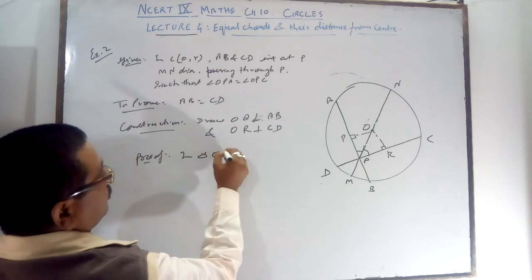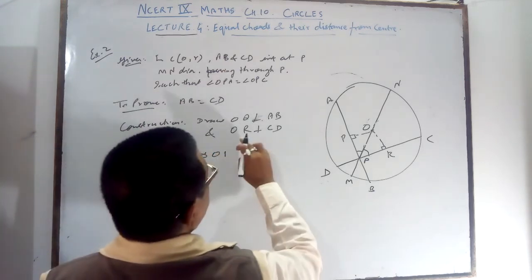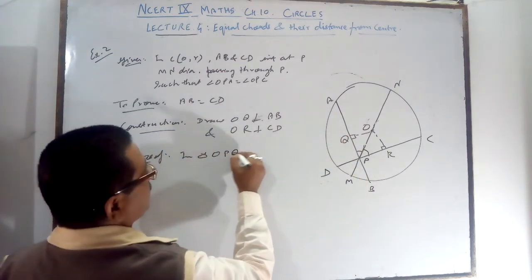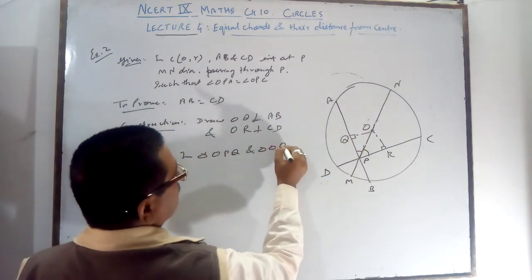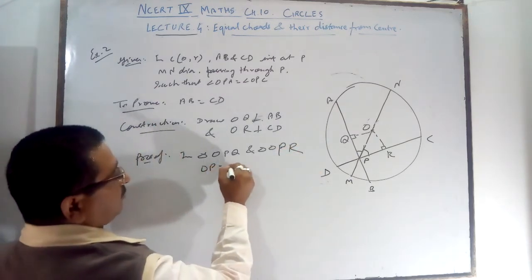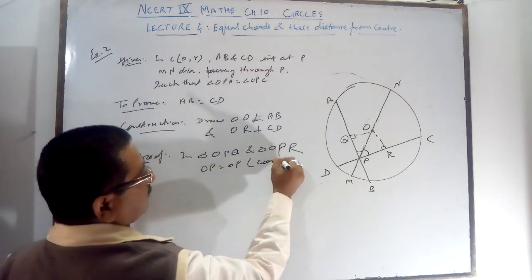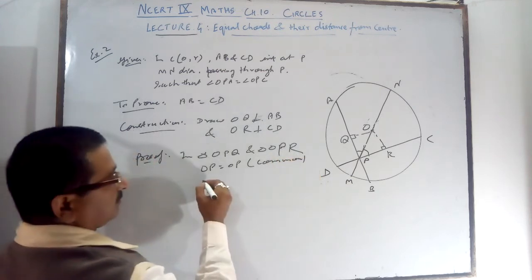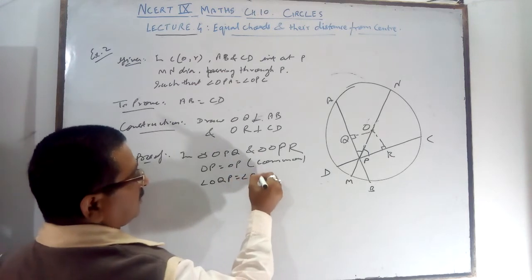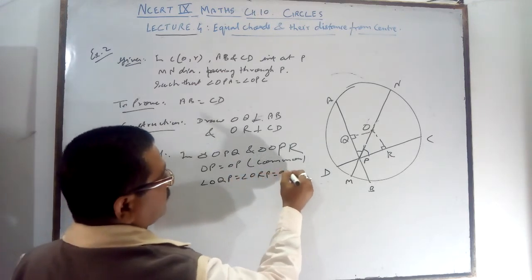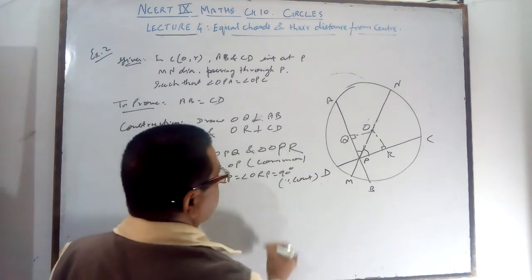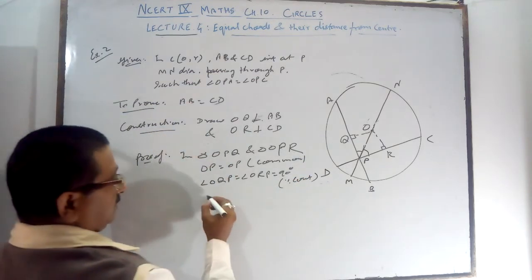In triangle OPQ and triangle OPR, OP is equal to OP, common. Angle OQP is equal to angle ORP is equal to 90 degrees, because by construction you have taken the perpendicular.